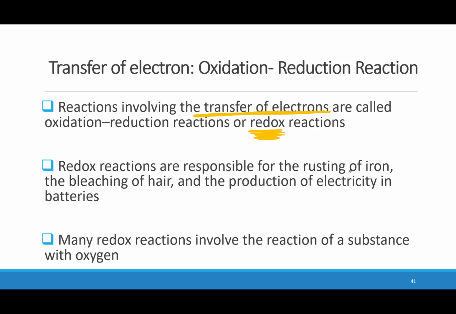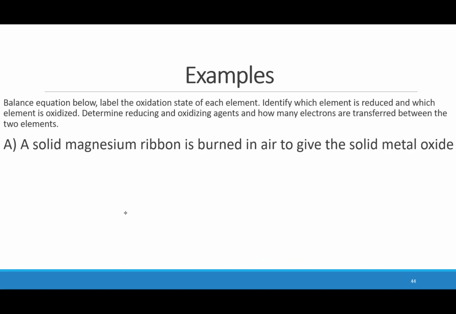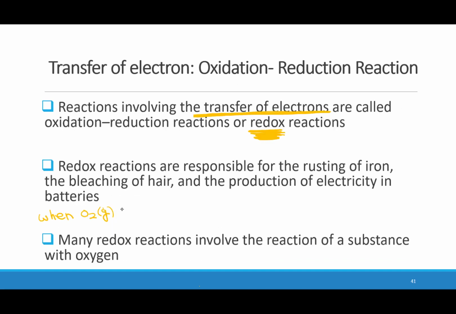When oxygen gas is one of the reactants, that reaction is a redox reaction.